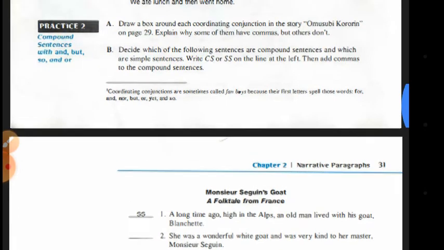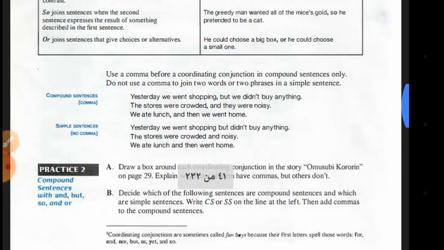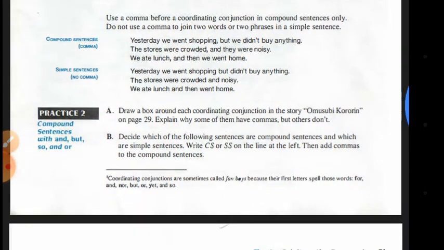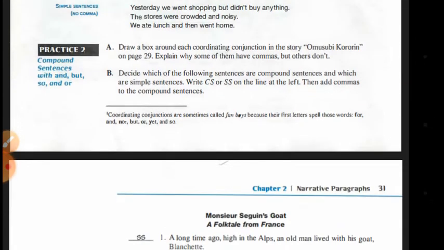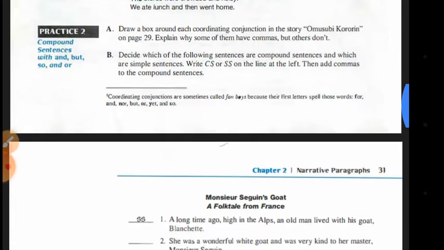What we have to do in this practice 2: A. Draw a box around each coordinating conjunction in the story in the model on page 29. B. Decide which of the following sentences are combined sentences and which are simple sentences.